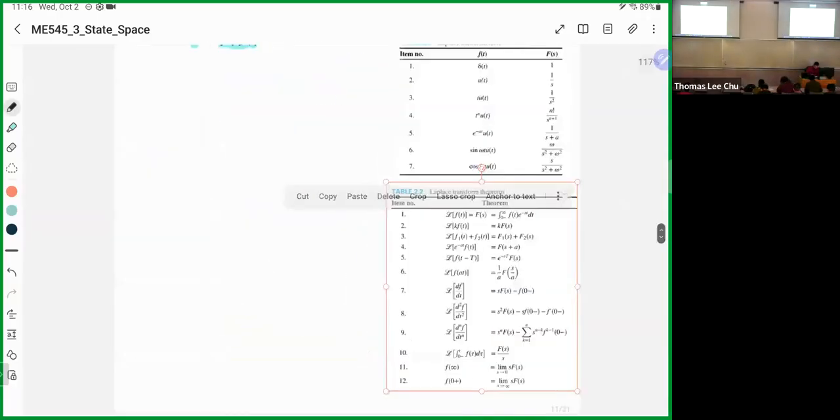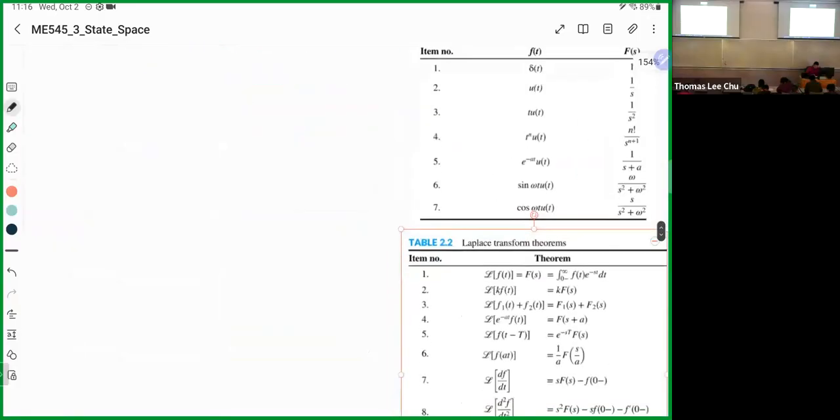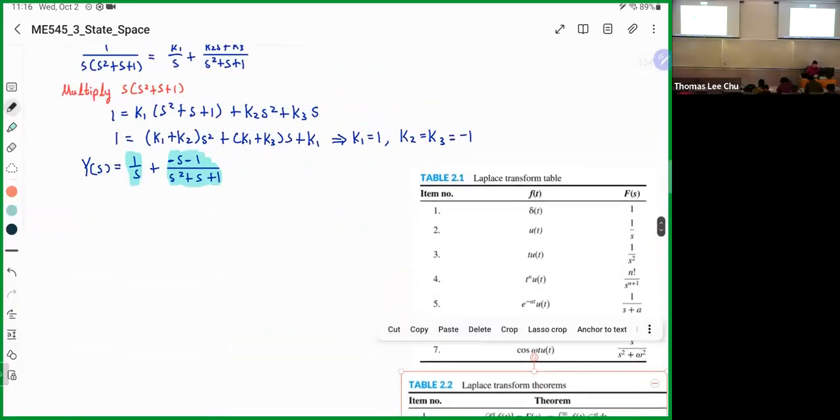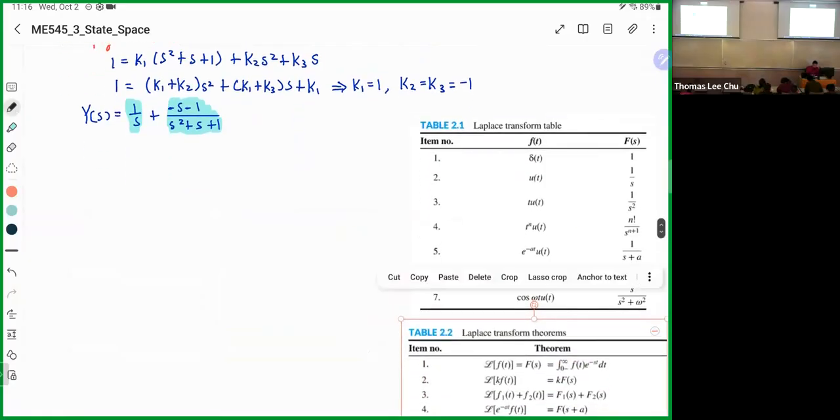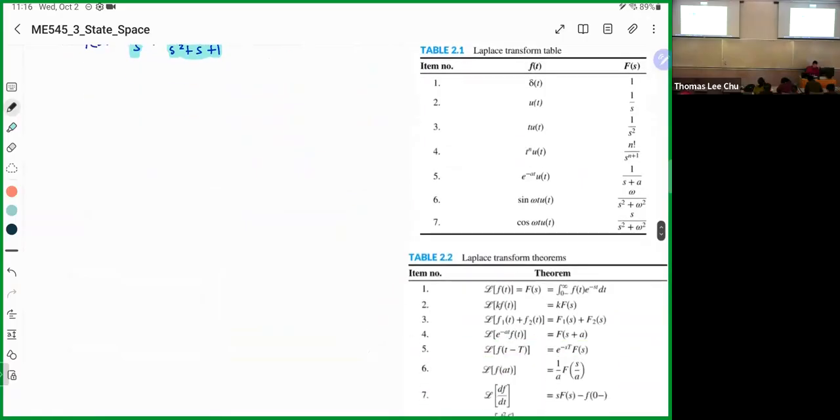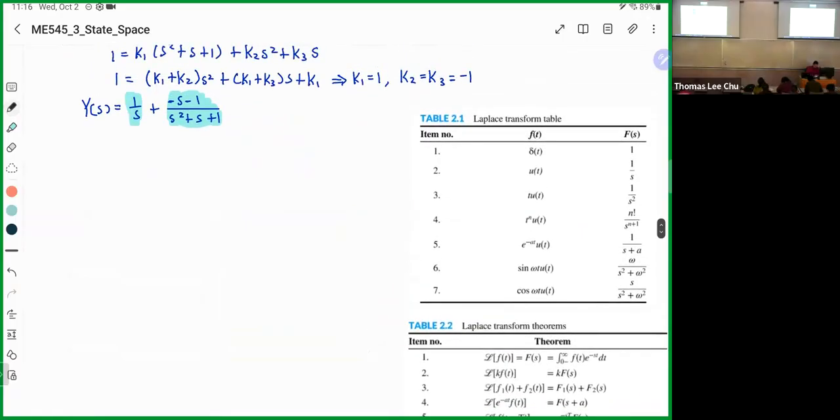All right. Hopefully this will make it a little bit easier to follow. Basically, what we're trying to do is we need to get this right-hand term, minus s minus 1 over s squared plus s plus 1, to look like something on table 2.1.